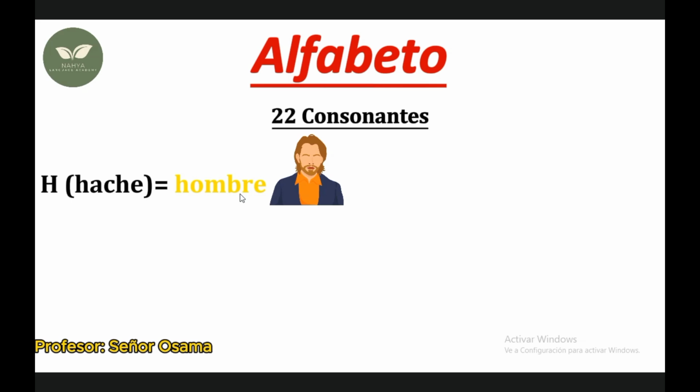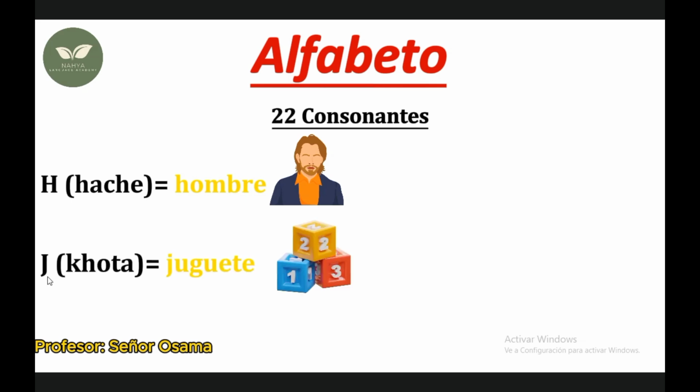So the next letter is J. And we can find it in the example of juguete, which means toys or games.